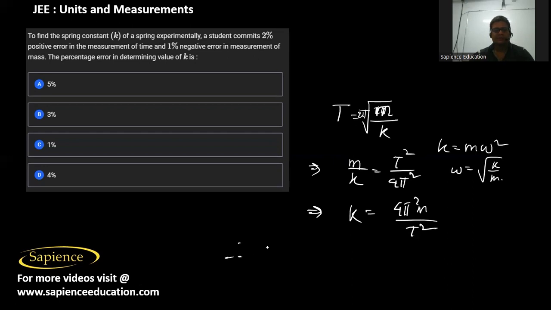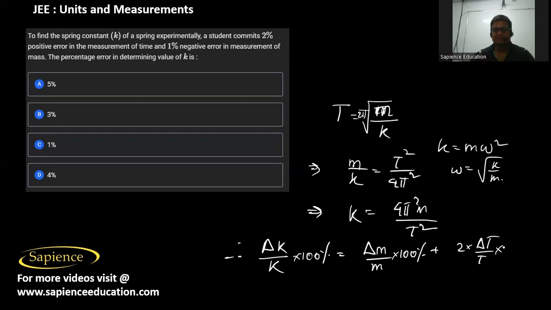So the percentage error in k will be equal to the percentage error in the measurement of mass plus twice the percentage error in the measurement of time. We have to find the percentage error in the value of k.